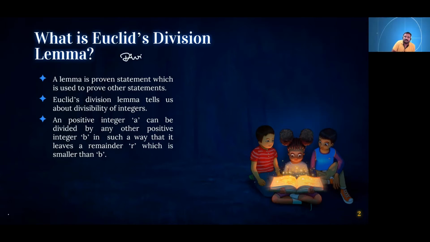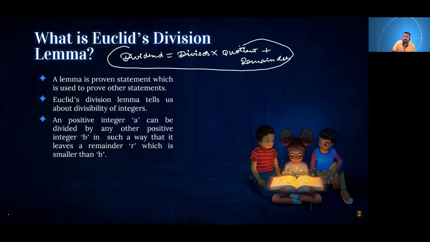Correct. Dividend is equal to divisor into quotient plus remainder. This division algorithm in polynomials, this is only the Euclid's division lemma.